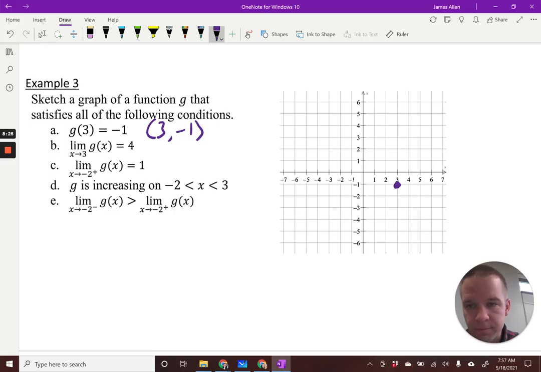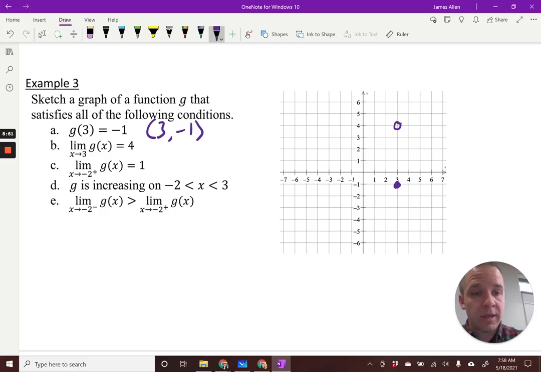The limit of g of x as x approaches 3, not from the left, not from the right, but just the limit as x approaches 3, so from the left and the right, is 4. Well, I already know my function value at 3 is -1, so I'm going to need to have an open circle at 4, and then my graph will be approaching that value from both sides.